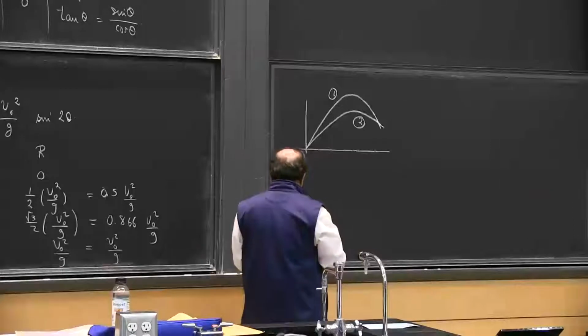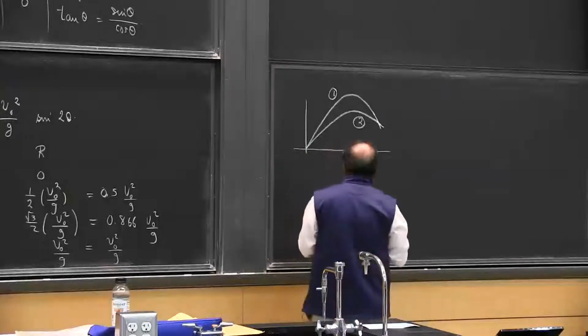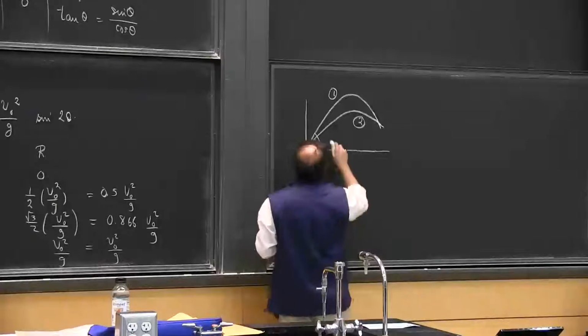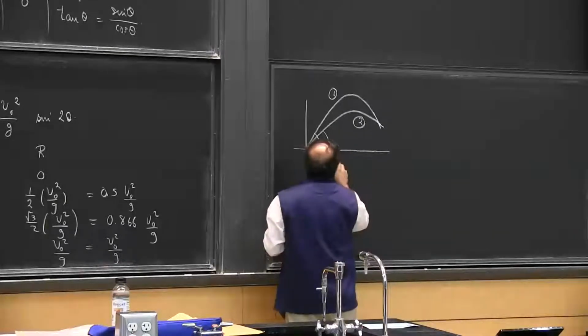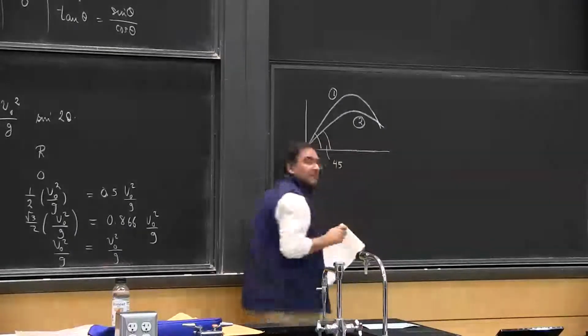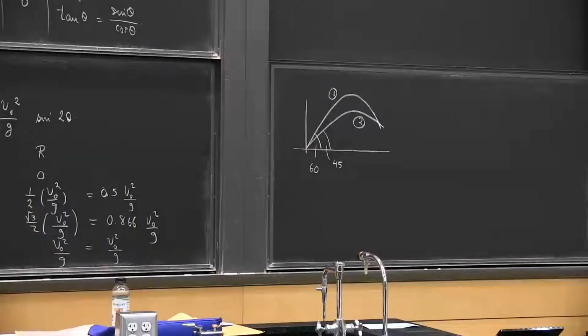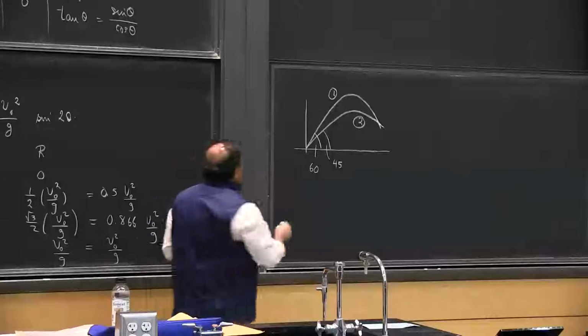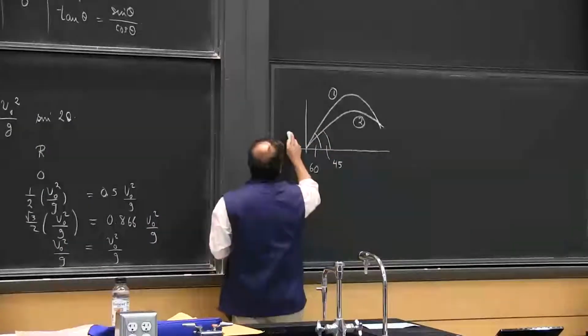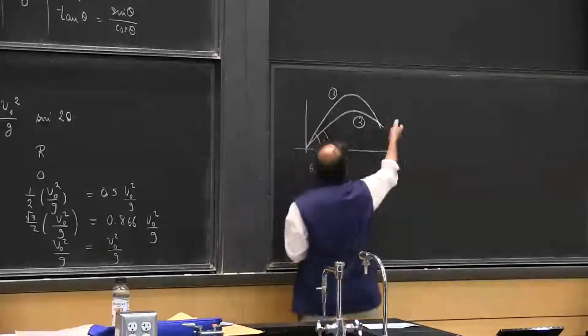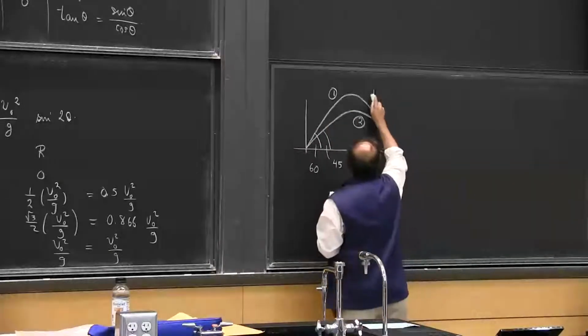So this would be my number 2 projectile. So let's say I have two angles. The angle here, number 1, is 60, and the angle here is 45. Okay, in degrees. This missile is shot at time t1, but this missile flies for time t1.